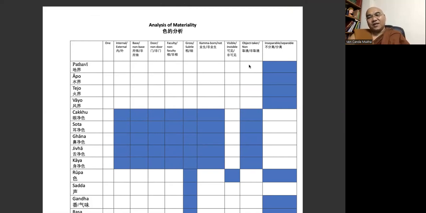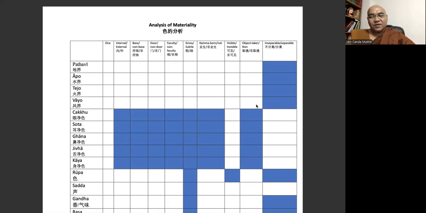Actually, previously we already said materiality cannot take an object. But here we simply translate it as an object taker. The way we want to explain here is that it serves as the reception.